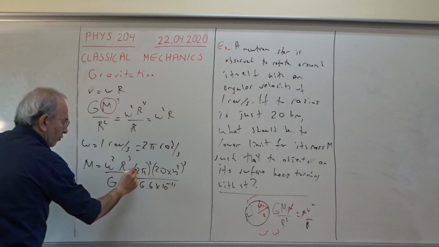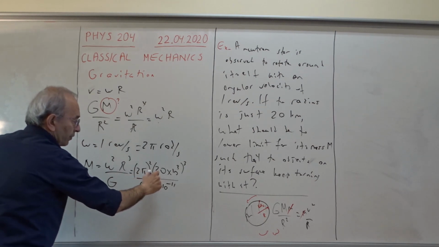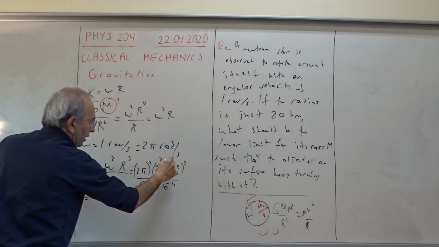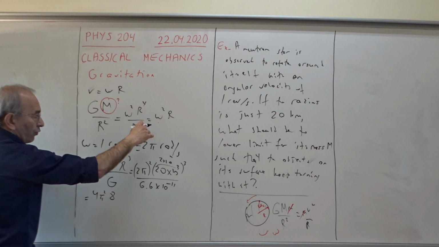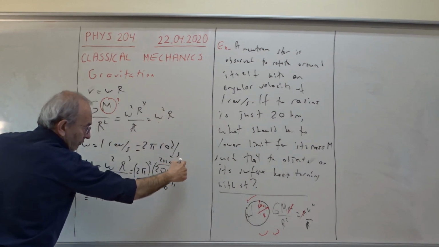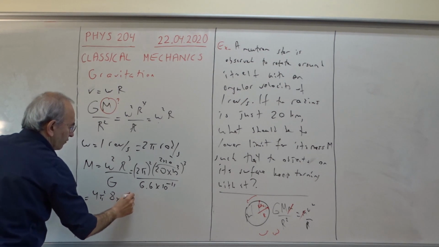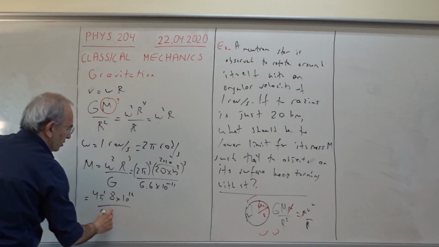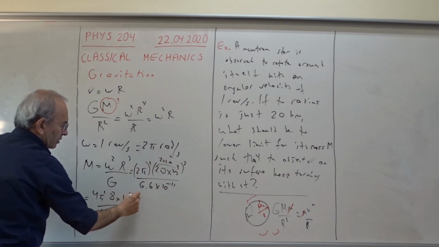So it is 4 pi squared, times 2 cubed, which is 8, times 10 to the 4 cubed, which is 10 to the 12, divided by 6.6 times 10 to the minus 11, which I take upward as plus 11.